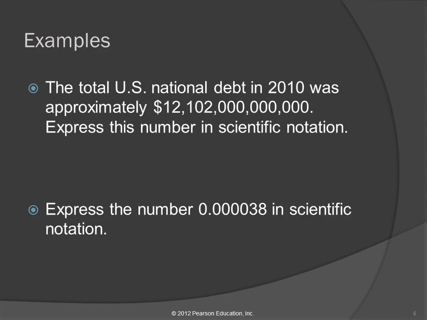I just want to do another example because we should learn how to go the other way as well. So what if we have a number like 7.405 times 10 to the 6? And we want to put that in decimal notation. Well, this 6 tells us that we need to move that decimal point 6 places.